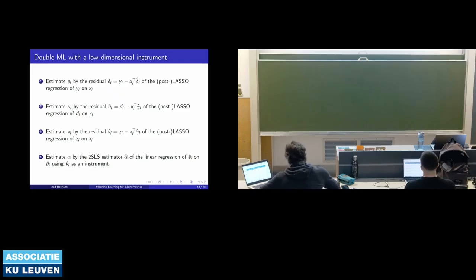I do the same for U_i and V_i, and then I run a 2SLS of E_i hat on U_i hat using V_i hat as an instrument. And what's important is that on this last regression, you can use the standard errors of the classical 2SLS, like those given by your software, and this works. You can show it in theory.